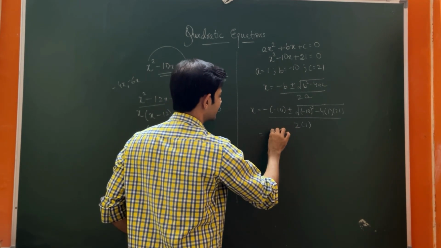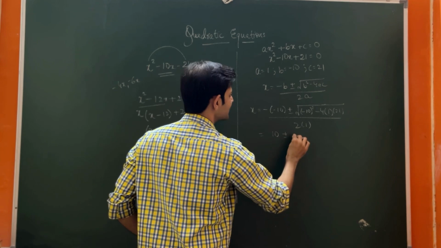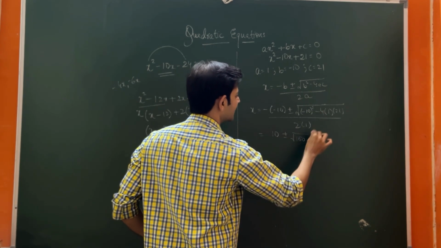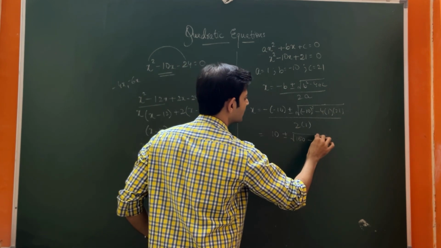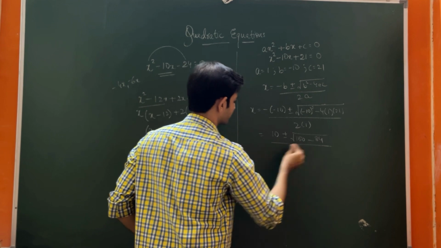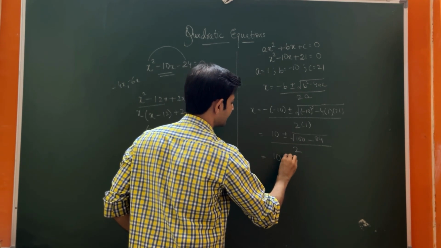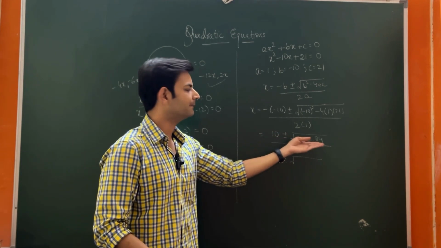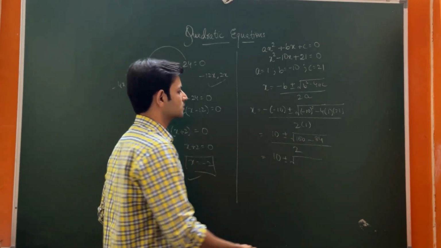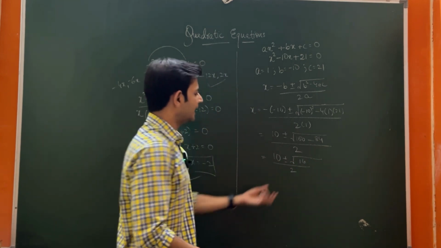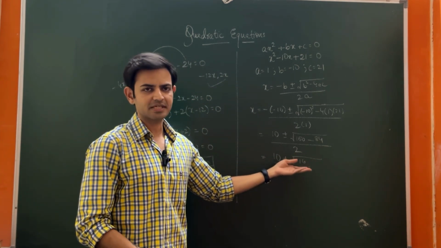So minus into minus becomes plus, plus or minus root of 100 minus 84 upon 2. So this is 10 plus or minus root of, now 100 minus 84 will be equal to 16, upon 2. Now root of 16 will be equal to 4.